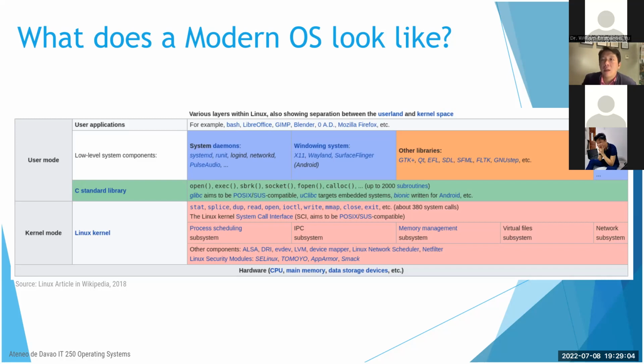That means every application in the Windows system does have a consistent look and feel because it uses a consistent windowing system. In a Linux distribution, that would be X11 or Wayland, the two most popular ones. And SurfaceFlinger is a windowing system for Android, which is actually Linux-based.